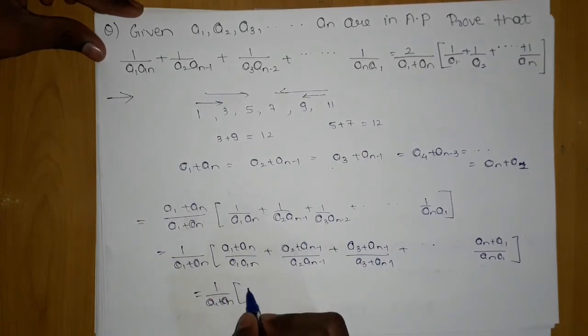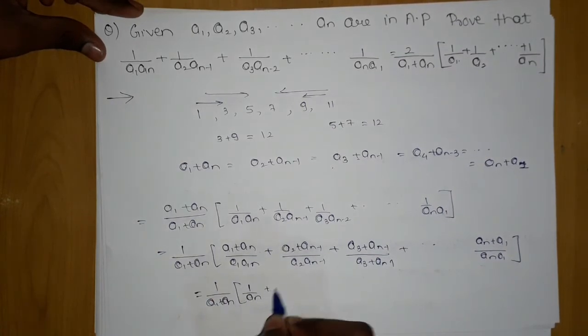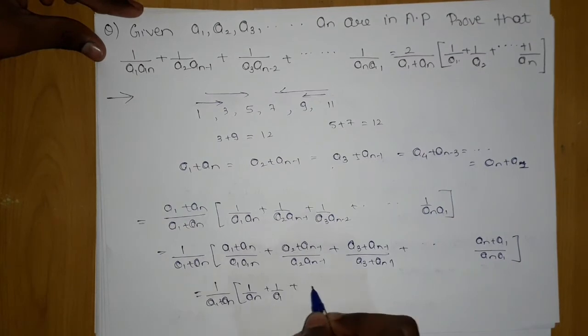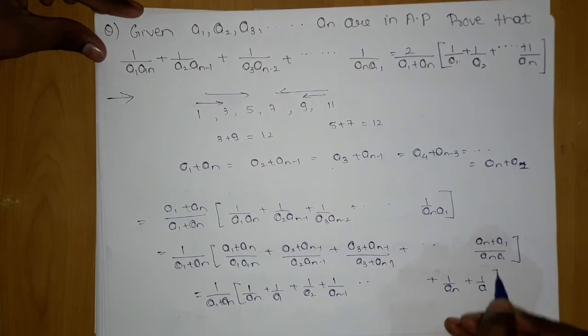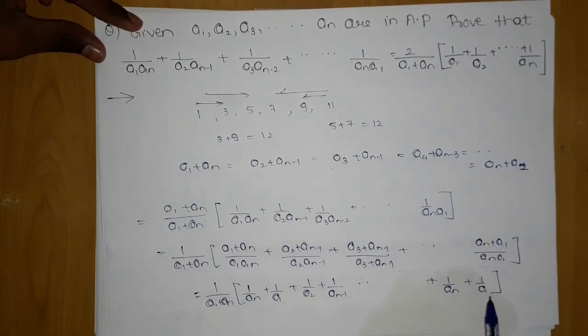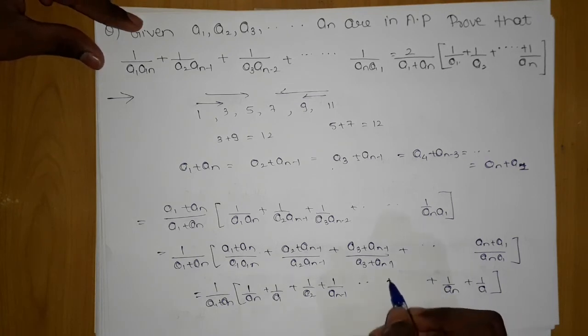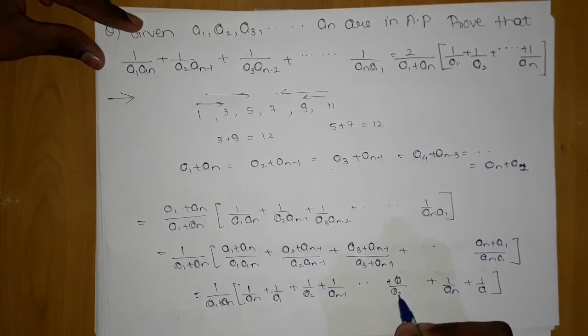This is 1 upon an plus 1 upon a1, 1 upon a2 plus 1 upon an minus 1. Similarly here I have 1 upon an, 1 upon a1. So I come to know that there are two a1s, two ans, two a2s similarly.